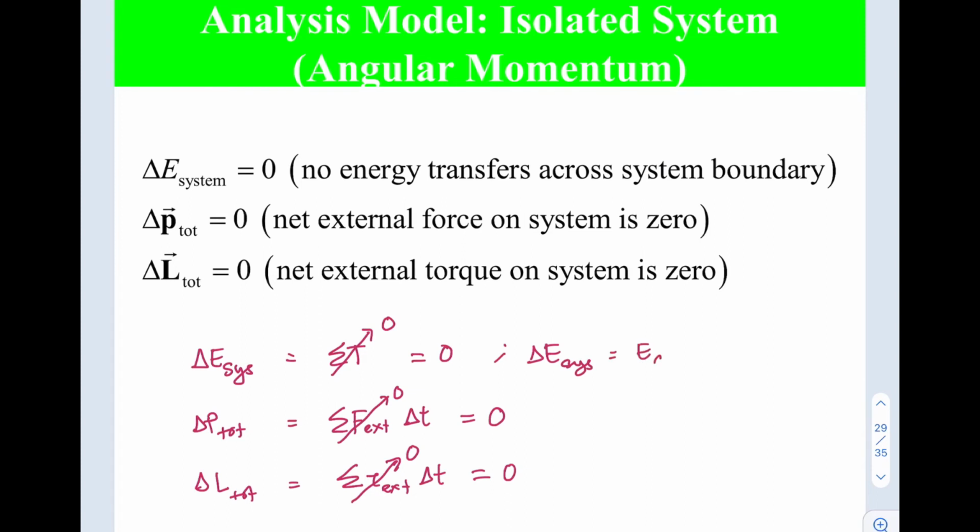So as a consequence, delta E of a system means E final minus E initial, which means that E final is equivalent to E initial. Delta P means P final minus P initial equivalent to 0, so P final is equivalent to P initial.